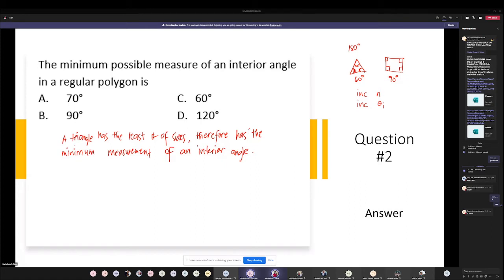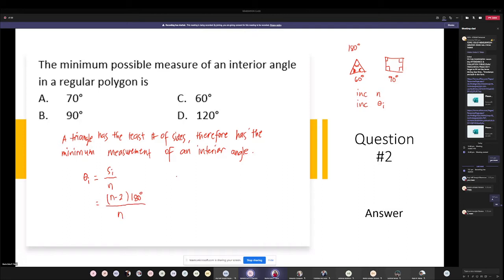Okay, so the measurement, actually it's not required to have a solution for this question, but if ever you are required to give a solution, then you use the theta sub I equation, wherein you have the summation of interior angles divided by n, or the summation is equal to n minus 2 times 180 degrees divided by n.